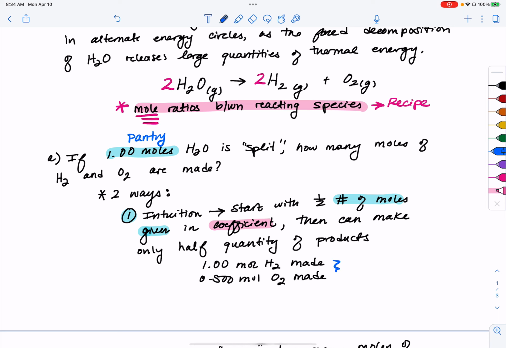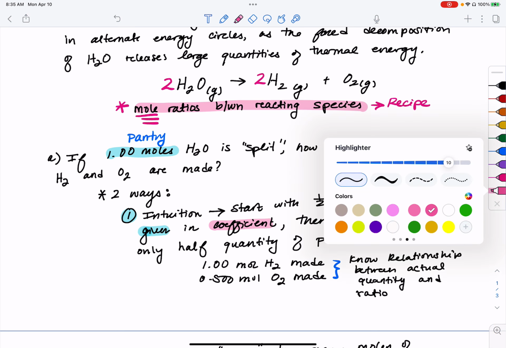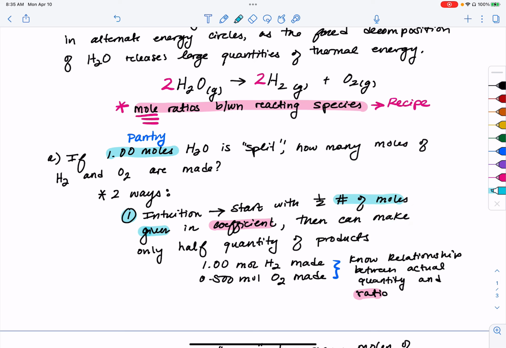And again, this is just using what we know about the relationship between our actual quantity and our ratio, where our actual quantity is half as much as our ratio.